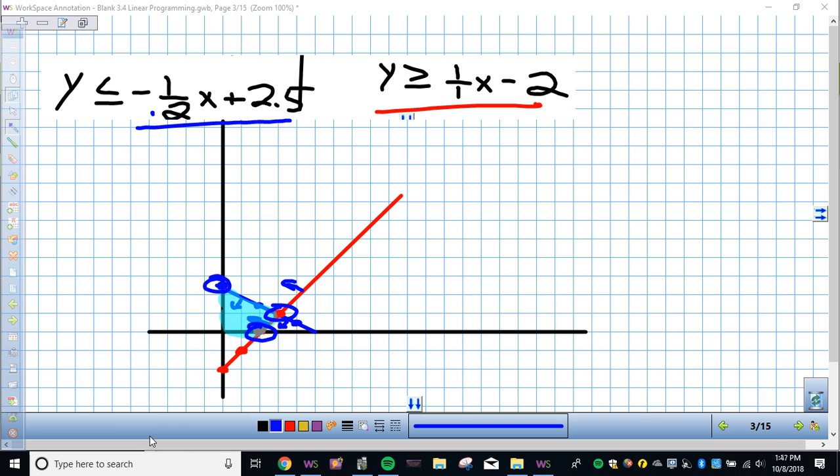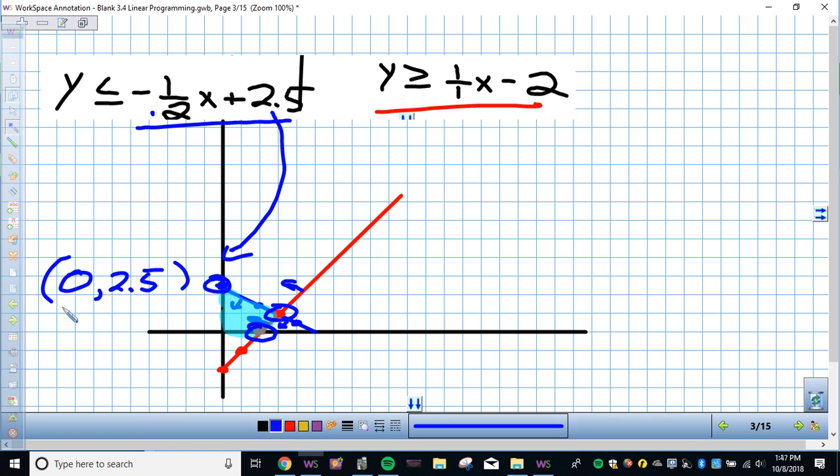What is this top ordered pair by the y-axis? 0 what? 0, 2.5. Because this y-intercept is where this crosses the y-axis. So 0, 2.5. That's our first ordered pair.